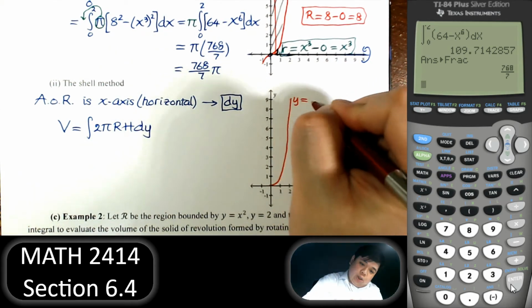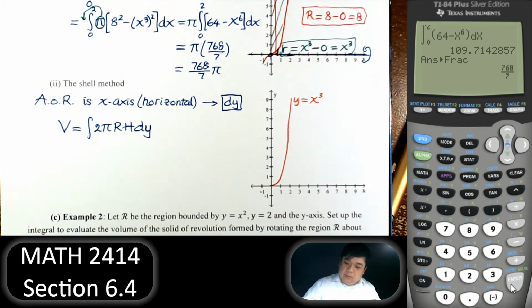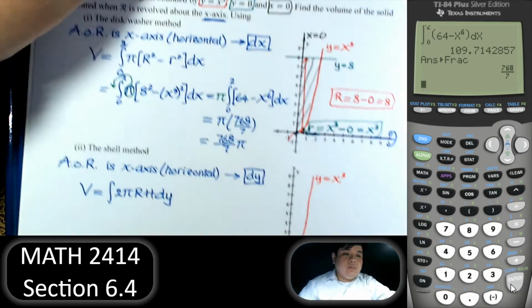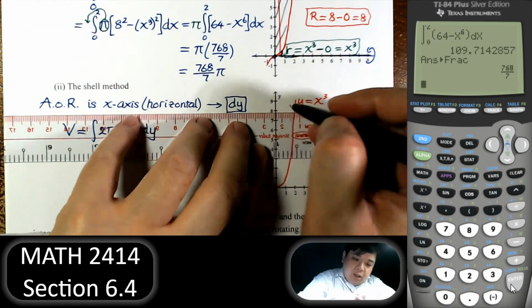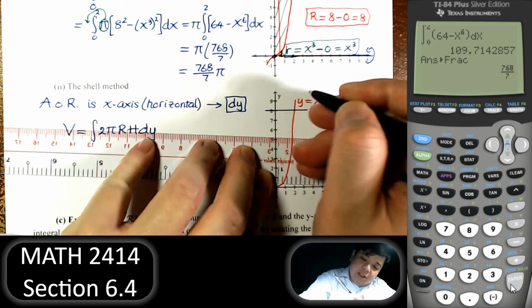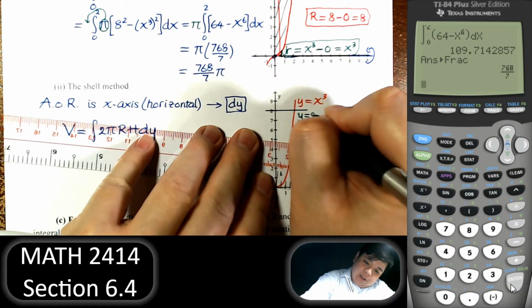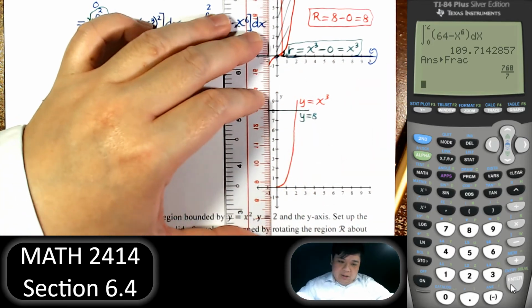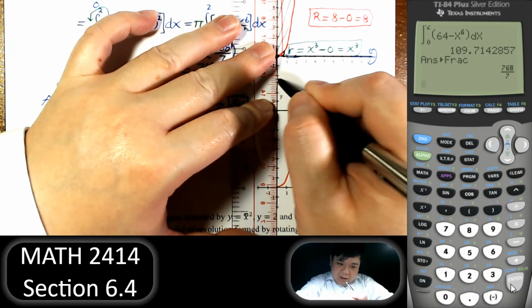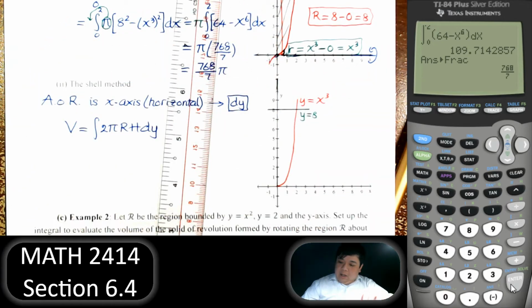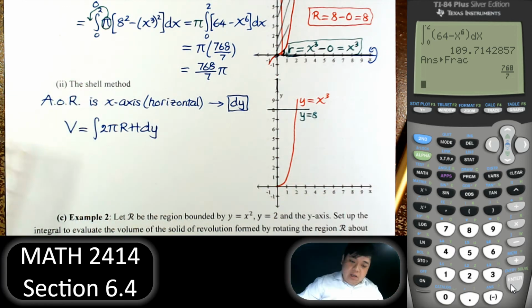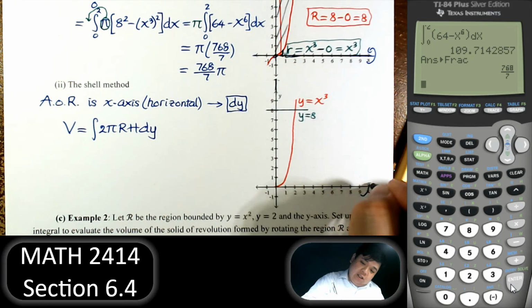y equal to x cubed, y equal to 8, and x equal to 0. We're still rotating about the x-axis.